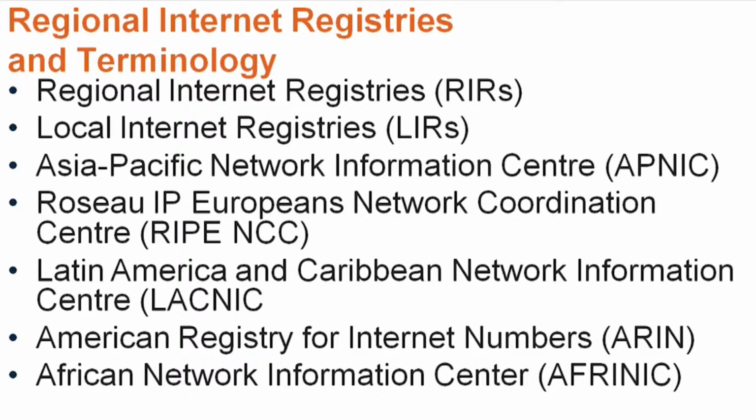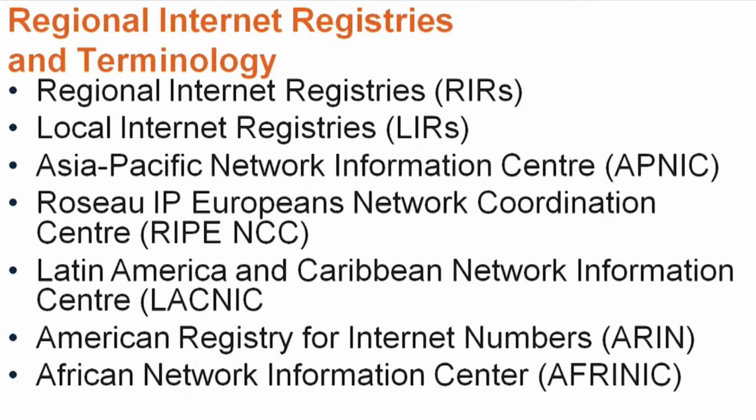Regional Internet Registries and related terminology. Regional Internet Registries, or RIRs, are a group that get together and manage DNS for that region of the world. They manage relevant TLD names, like .com is America, things of that nature. So the local Internet Registries are more regionalized, so those are abbreviated by LIRs.